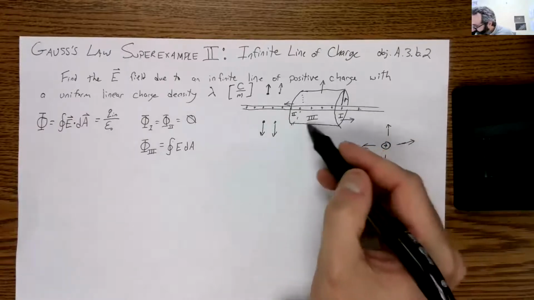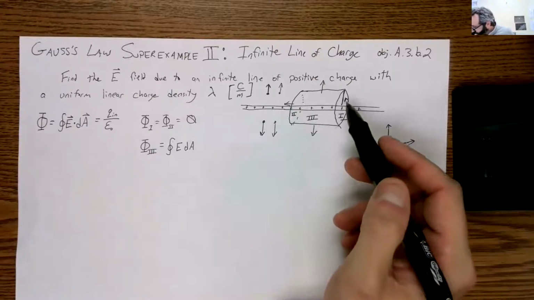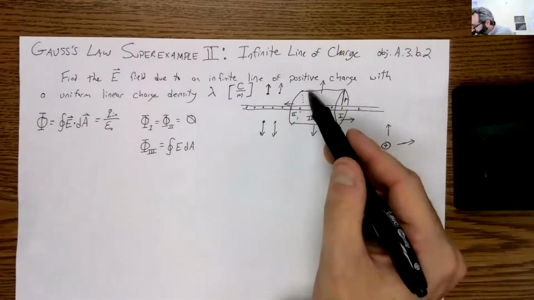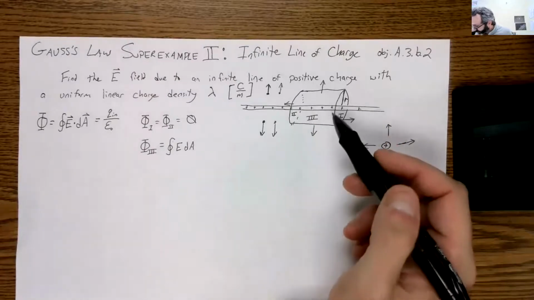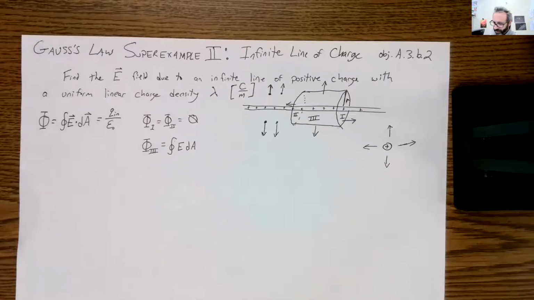Every point on this cylinder part is the same distance from the wire. Questions about that, or any disagreements with that?